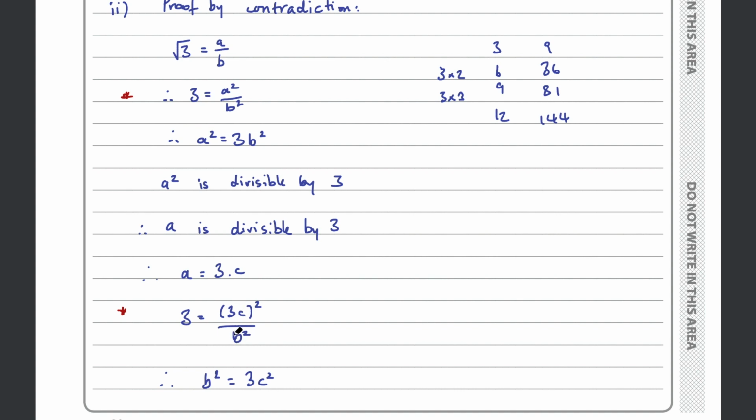So if I multiplied b squared over here, this would be 9c squared, and then divided by 3, we'd end up with 3c squared. Therefore, b squared is also divisible by 3, and therefore b is also divisible by 3, as for a, the same idea.